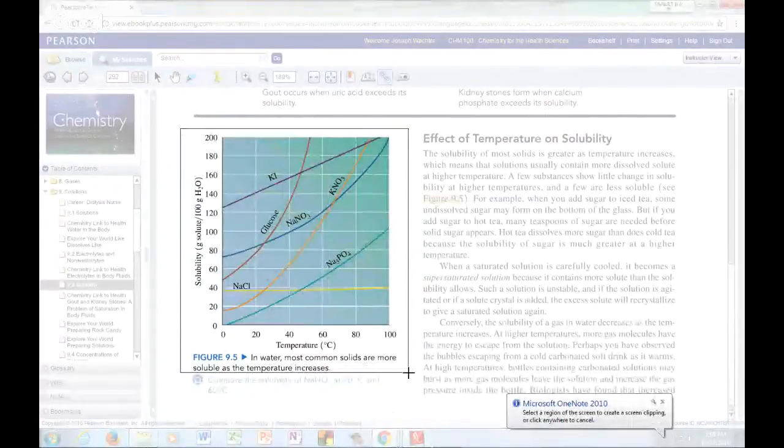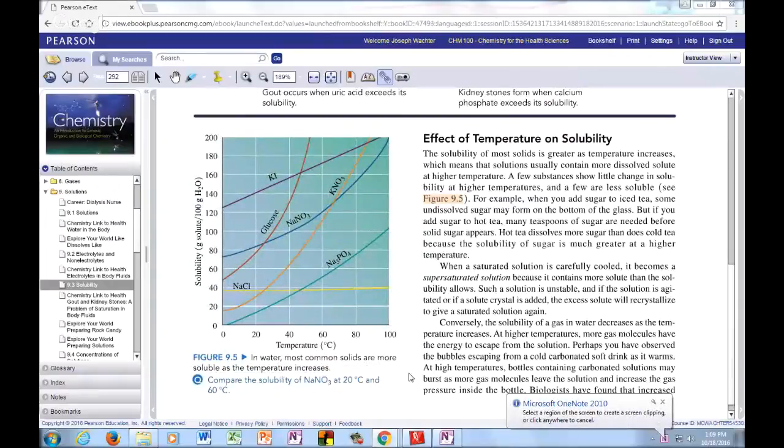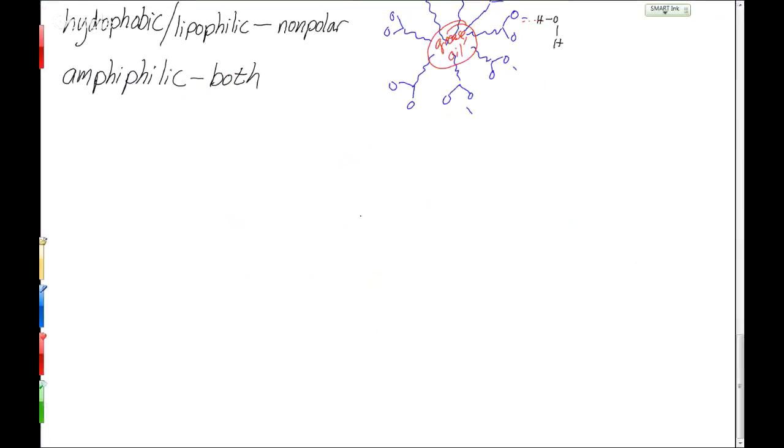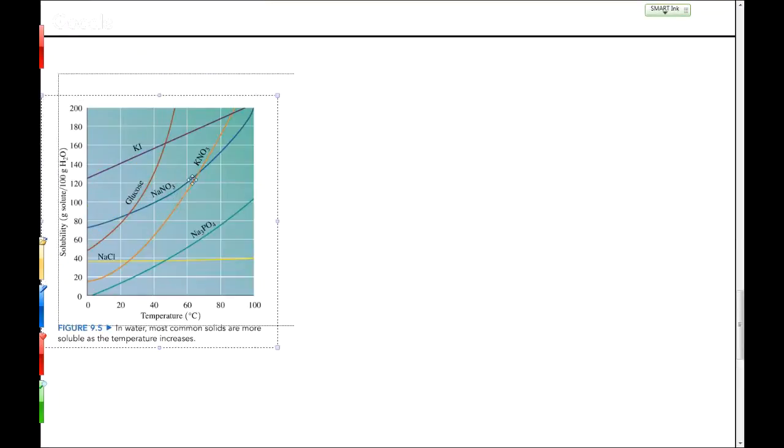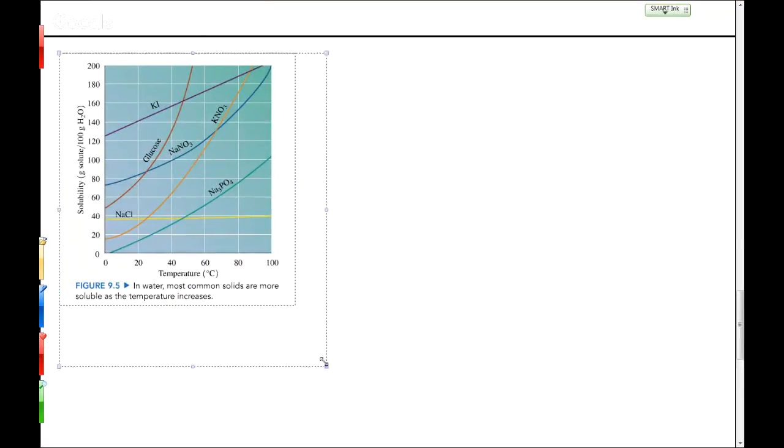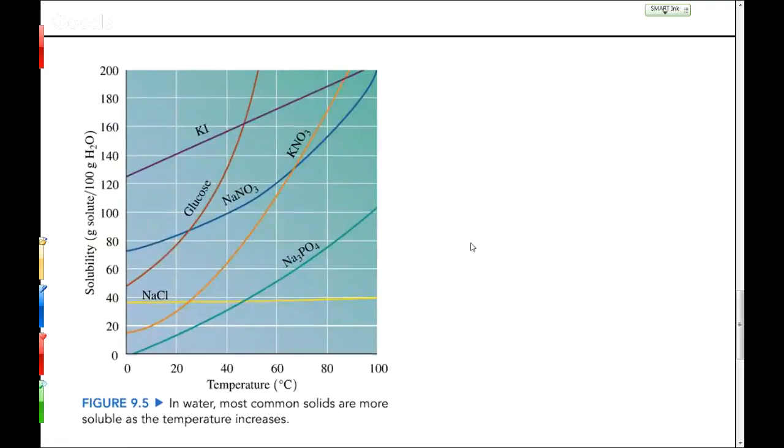So what we're going to do in lab today is experimentally construct a diagram like this. This is called a solubility curve or a solubility chart.